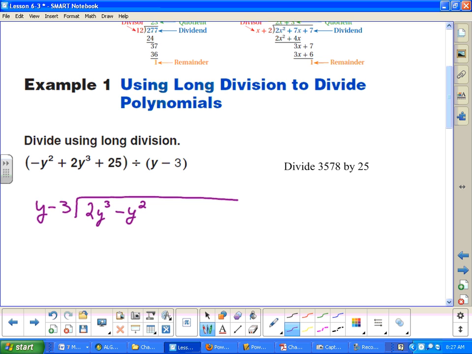But you notice there's no y term, so I have to have a place value there for that. So I got to put a 0y in here. And then plus 25. It's kind of like when you're doing long division and you get into the middle of one and you can't use it because it's too small.